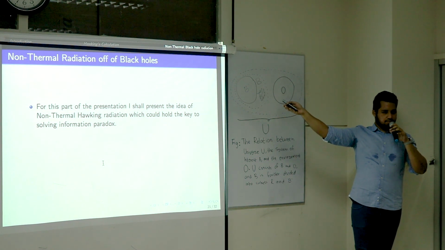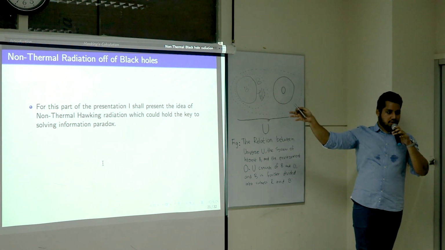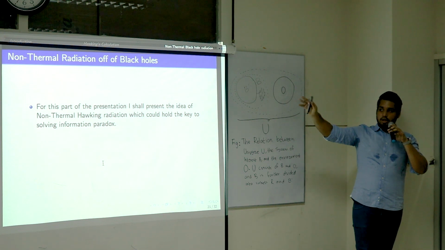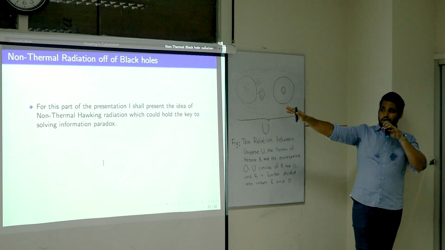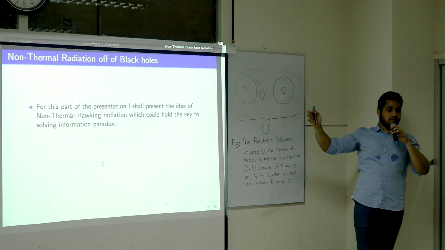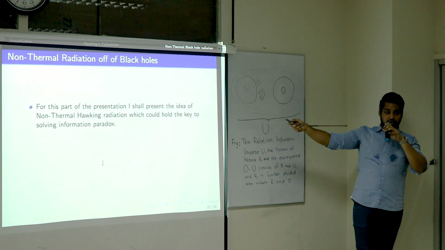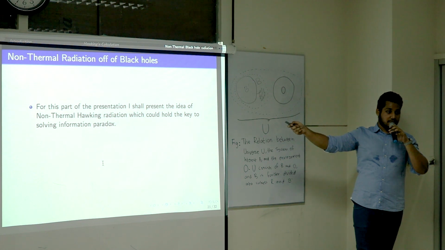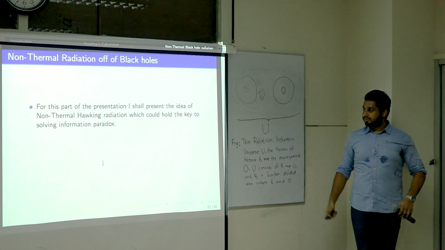We got a quasi black body spectrum, not a pure black body, which gave out thermal particles away. But here we'll actually do the calculations for non-thermal particles that might be radiated away from a black hole.